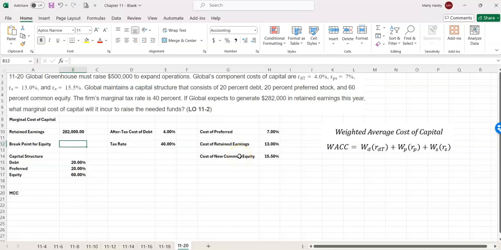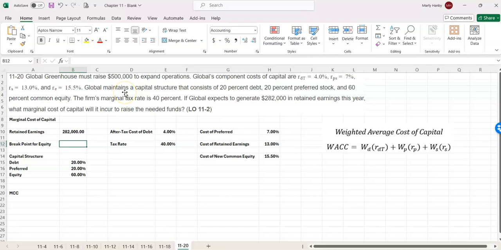So Global Greenhouse must raise $500,000 to expand its operations. The component costs of capital are the after-tax cost of debt 4%, cost of preferred 7%, the cost of retained earnings 13%, cost of new common equity 15.5%.